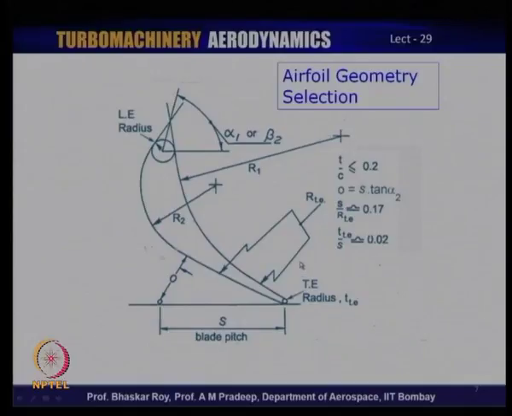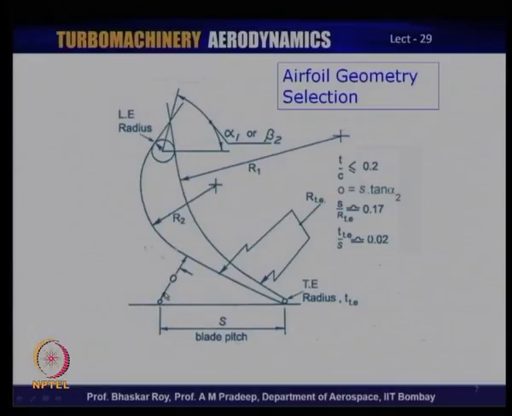Alpha 2 is the angle with which the flow is coming out. If you have 90 degrees over here, it means the flow will actually be not tan alpha, it will be sin alpha. If this angle is 90 degrees, then of course O is tan alpha.